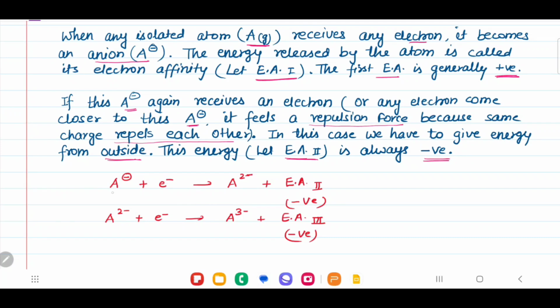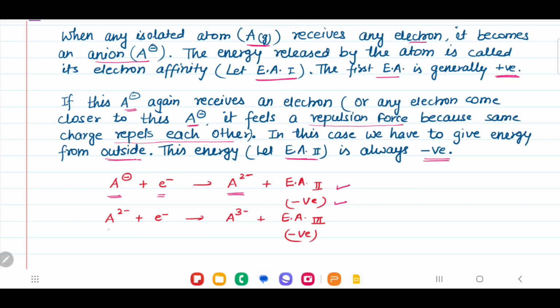So we can write like this. This is the anion. When an electron is added to it, it becomes A2 minus and the energy given at this moment is electron affinity second, and it is always negative.